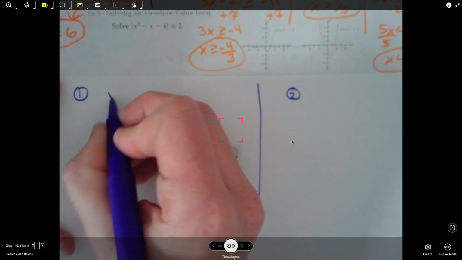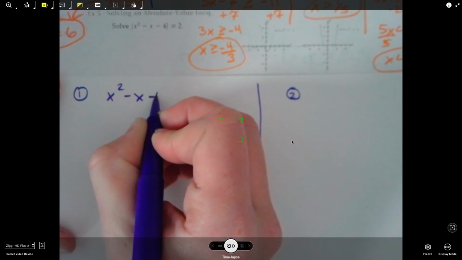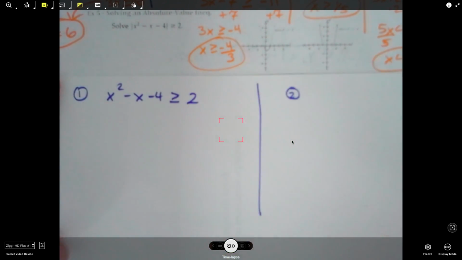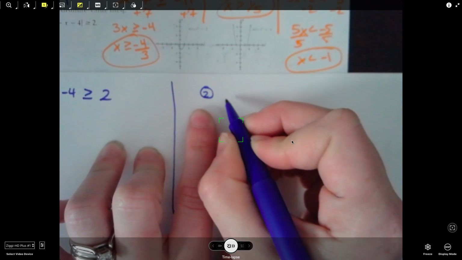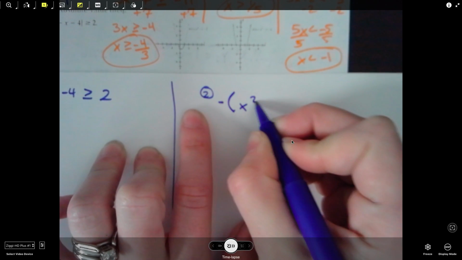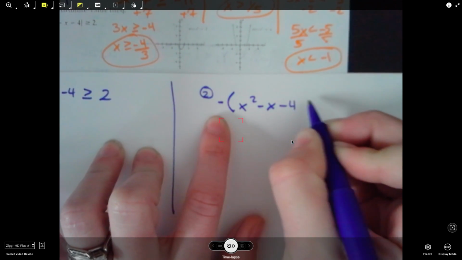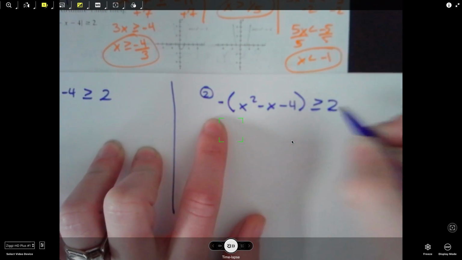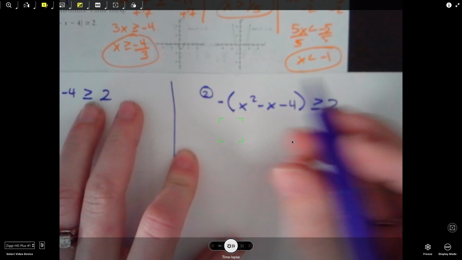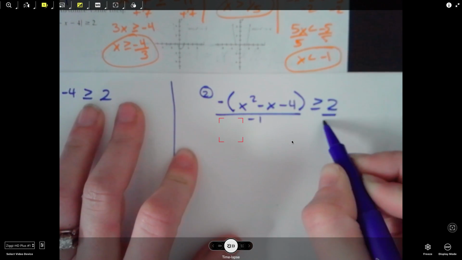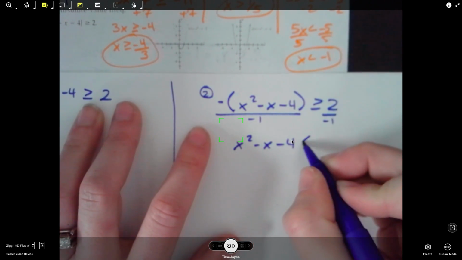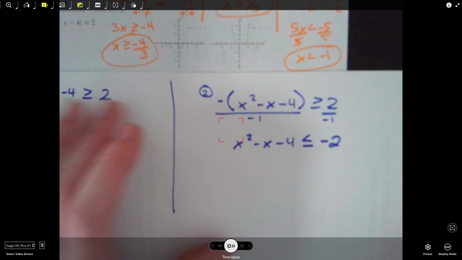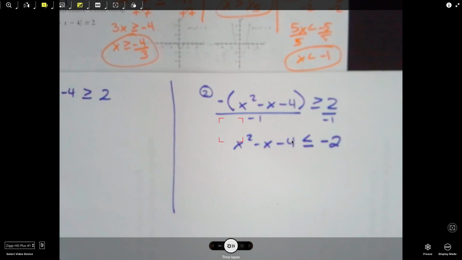The first one, you just take off the absolute values. The second one is going to look like this, which we're going to divide by the negative over here in just a second. Divide by negative 1. So x squared minus x minus 4 is less than or equal to negative 2 is what it's going to look like to start.